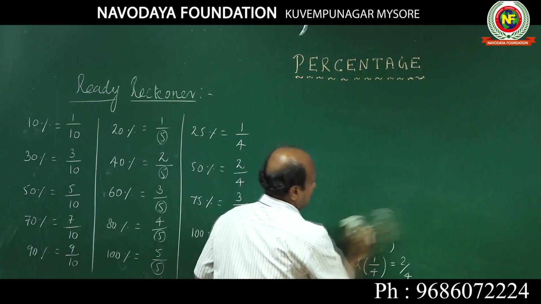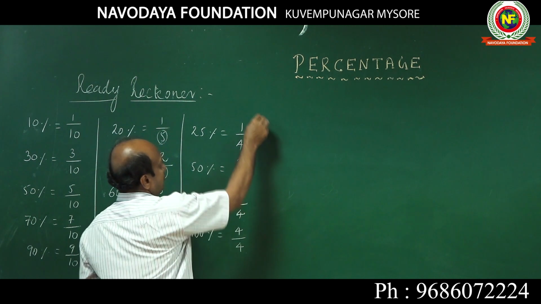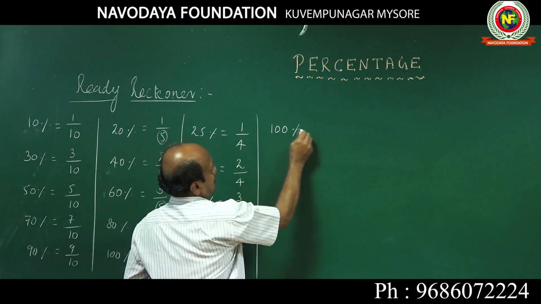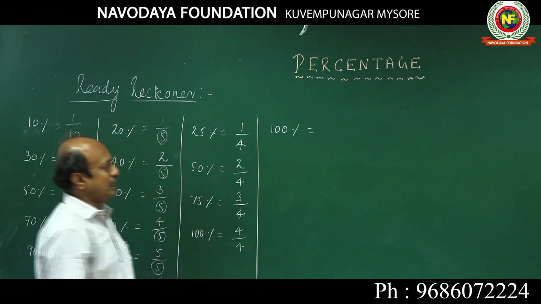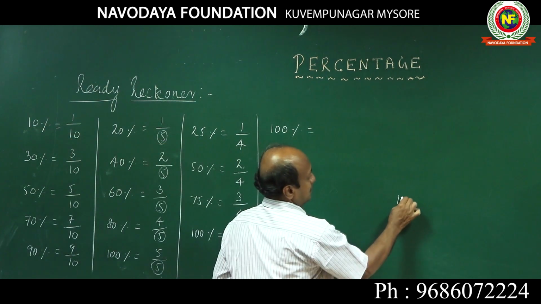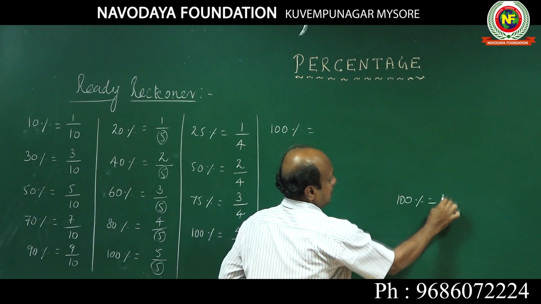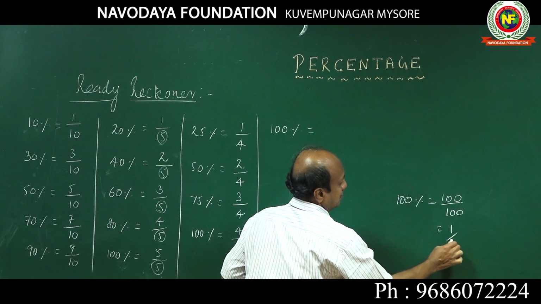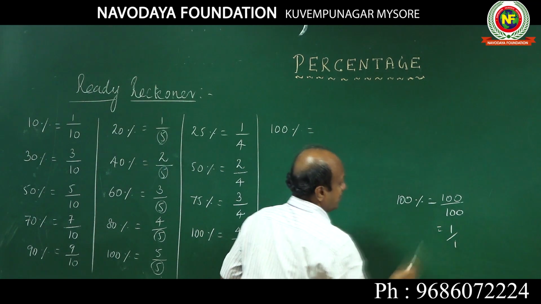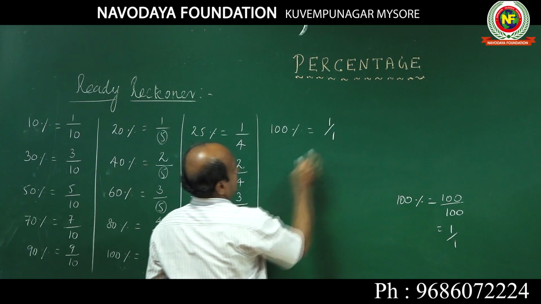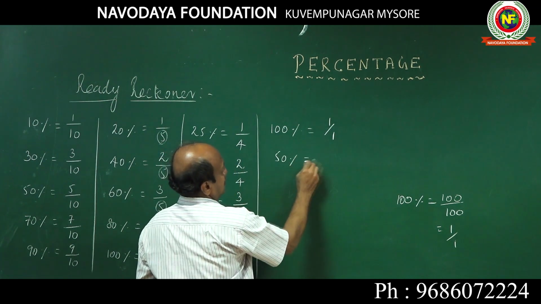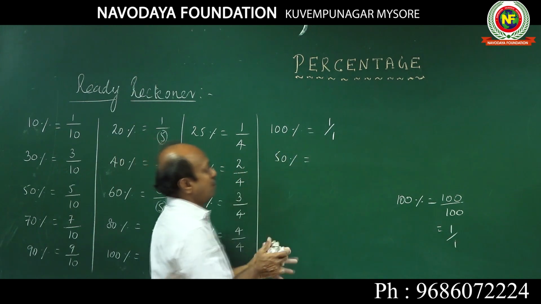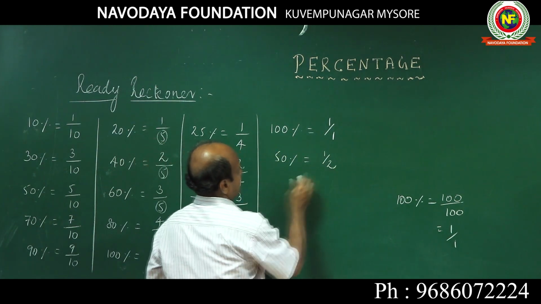Next up, let us look at the next bunch. What is meant by 100%? 100% is nothing but 100 out of 100, that is equal to 1 by 1. 50 percentage. 50 is nothing but half of 100, therefore half of 1 is nothing but 1 by 2.